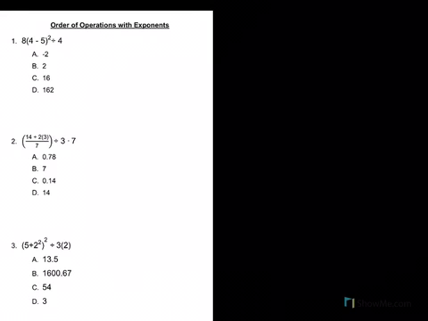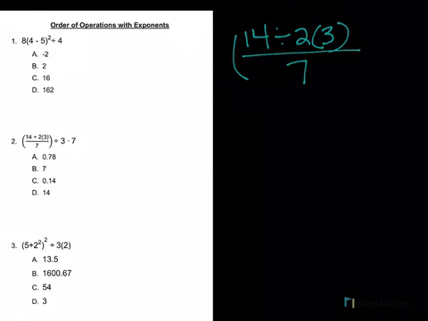Number 2, you have 14 divided by 2 times 3, all divided by 7, divided by 3 times 7.